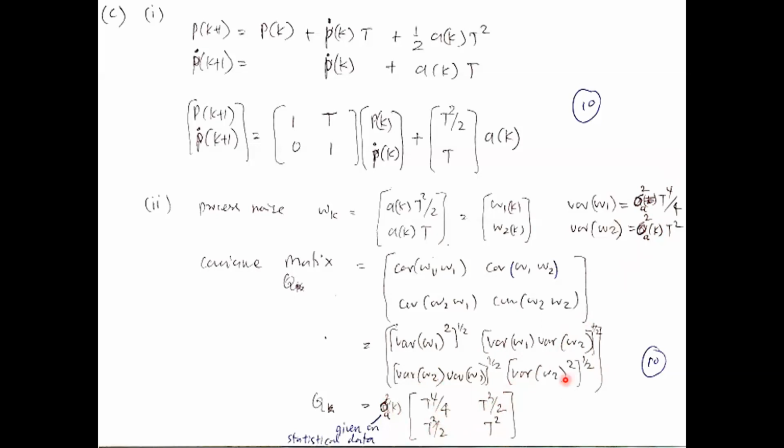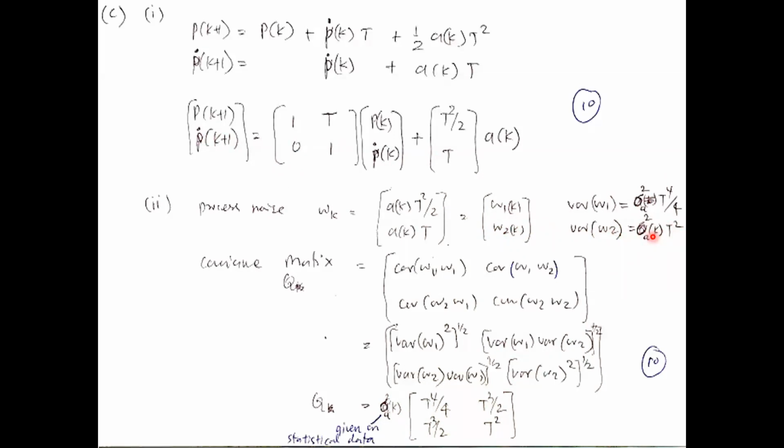And finally, the last term over here, you get the second row, which is the velocity. Look at the unmodeled dynamics of process noise, W2. Look at the variance of it, that is sigma A square T square.